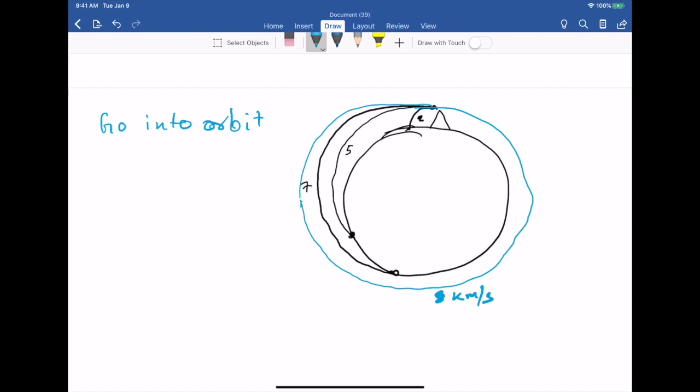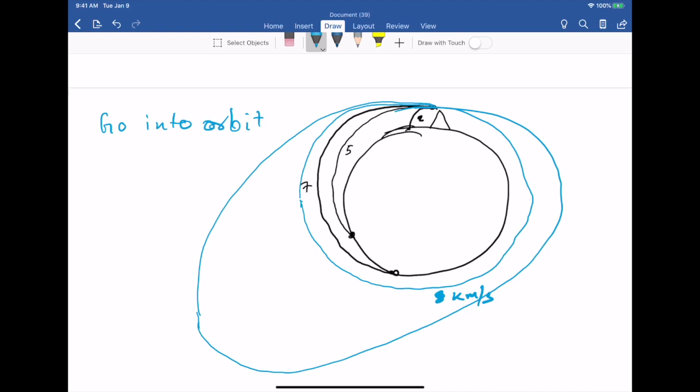What would happen if I launch the object at a speed of greater than 8 kilometers per second, so maybe 9 kilometers per second? In that case, it would go into an elliptical orbit, which would probably look like this.